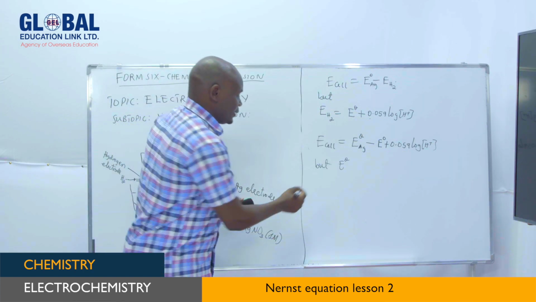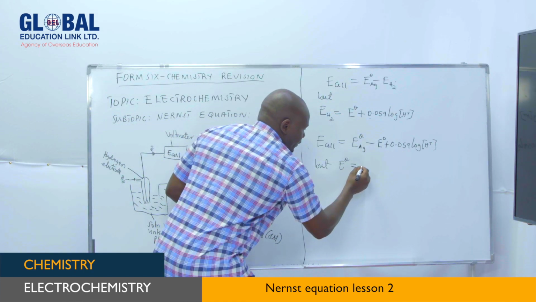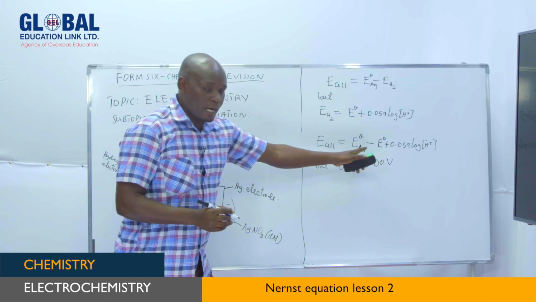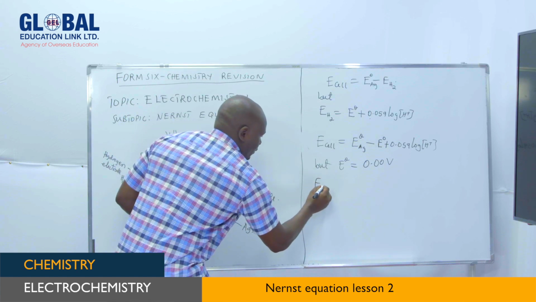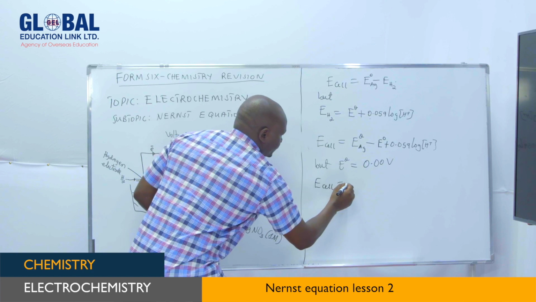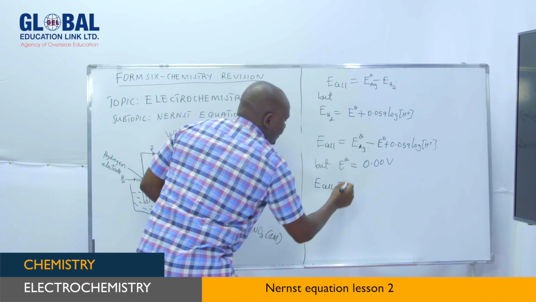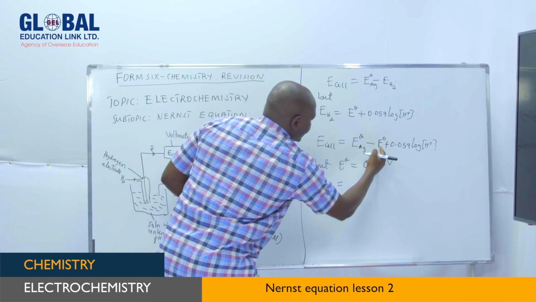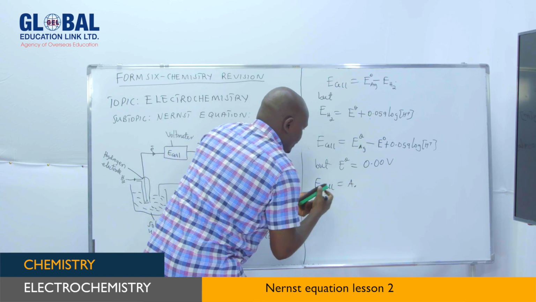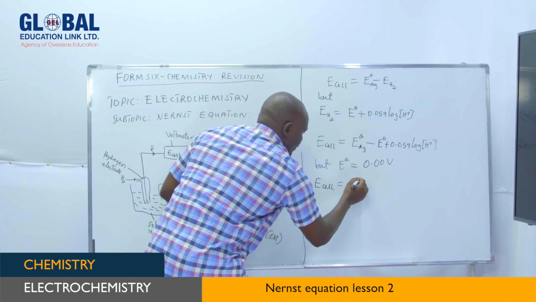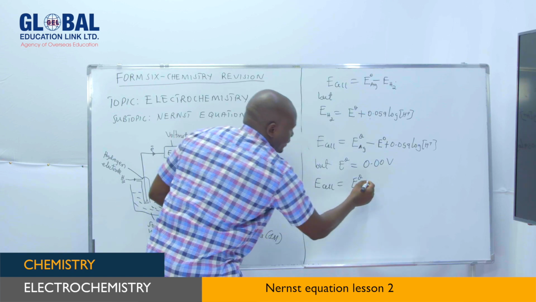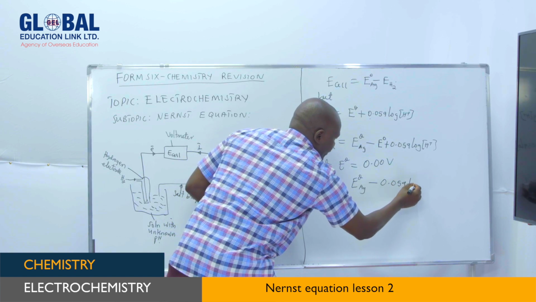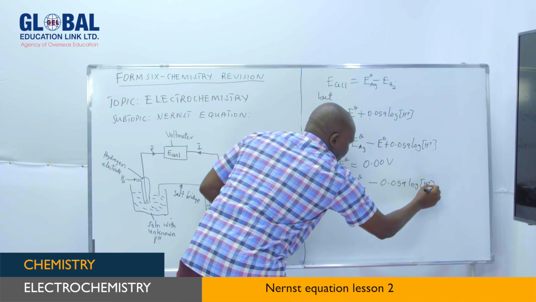But remember that the E of hydrogen is equal to 0.00 volts. So substituting 0, the E of a cell will be equal to the standard electrode potential of silver minus 0.059 log of concentration of hydrogen ions.